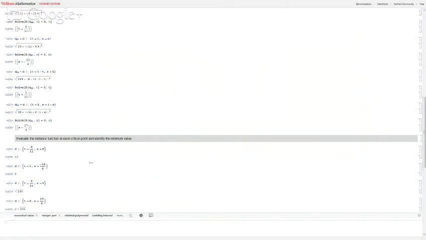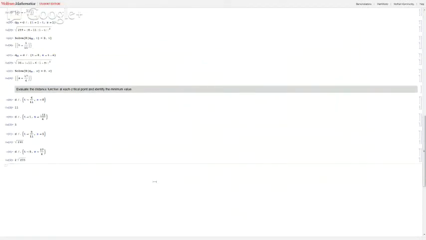Next I evaluate the function at the vertices of the domain rectangle. So I have t is 0 and s is 0, and d evaluated at t is 1 and s is 0.